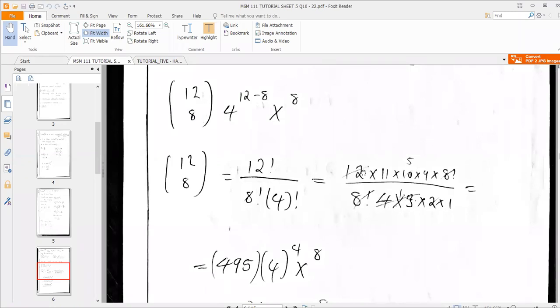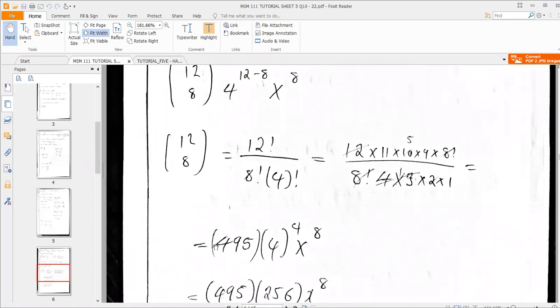So 4 into 12, it's 3, isn't it? And then 3 into 3, it's 1, right? So we only remain with 11 times 10 times 9, isn't it? So when you do those manipulations here, we're going to have 495 times this 4 to the power 4, which is there, x to the power 8.